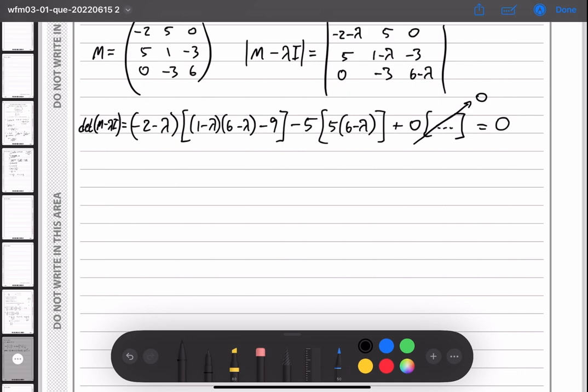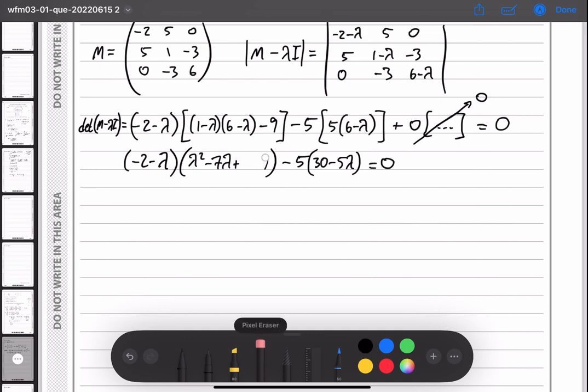So a whole lot of algebra here. We've got lambda squared minus 7 lambda plus 6 minus 9, and all of that is still multiplied by minus 2 minus lambda. And then here 30 minus 5 lambda, and that is still being multiplied by the 5 in front. I change this to a minus 3. Then to solve this I need to expand it all out first and then try and factorize as best I can.